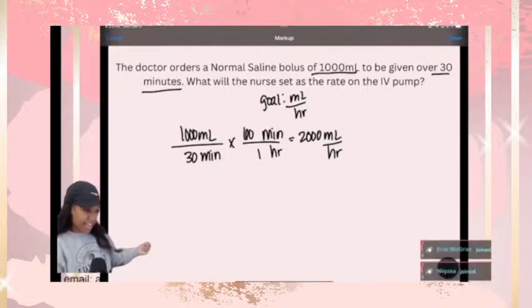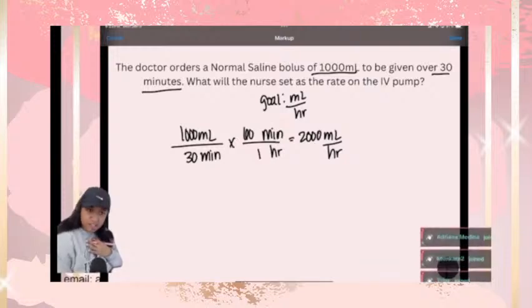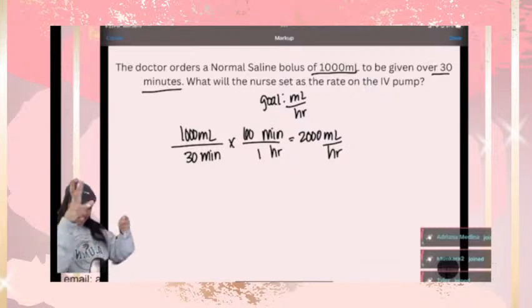So something fast like this, or they're in shock and you need to give some more fluid in the vascular space, it's going to be fast like this, okay? I don't know if you've done clinical rotations or not, but you can see they have this little blood pressure cuff looking thing that squeezes the bag.